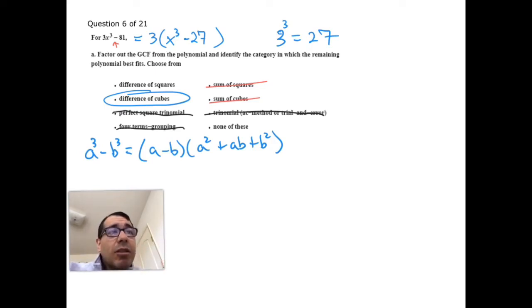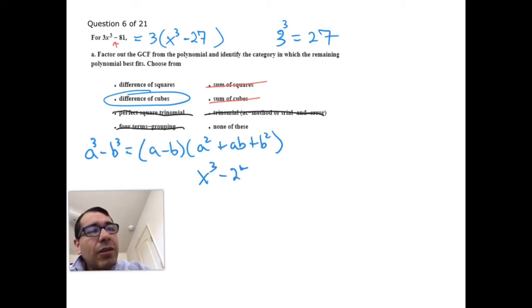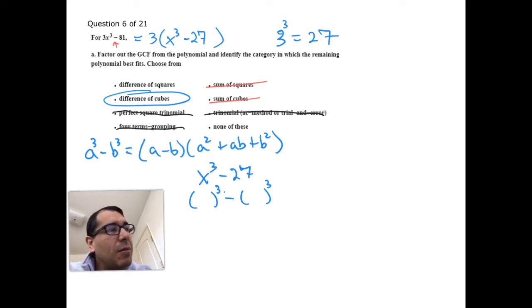And so it's our goal to find out what our a and b terms are. So I'm going to forget about that 3, and I'm only going to focus on the x cubed minus 27. I want to rewrite this as something cubed minus something cubed, because whatever I end up with in here is going to represent my a, and whatever is in here is going to represent my b. And I simply start plugging them into our formula.